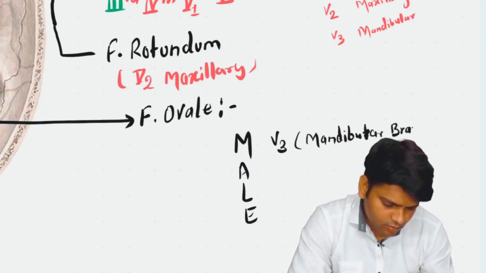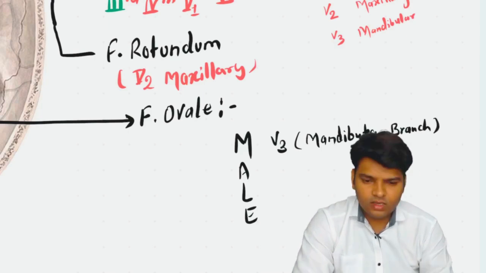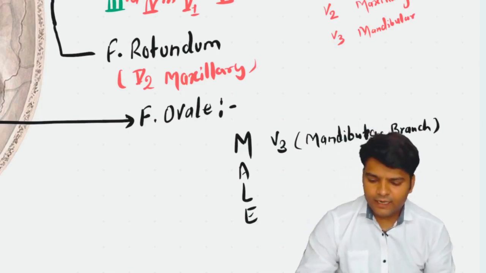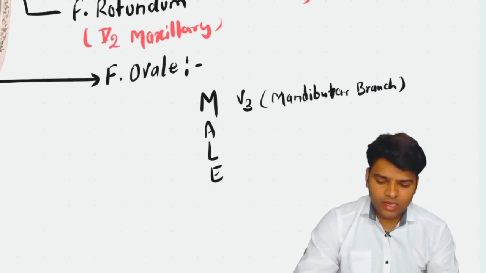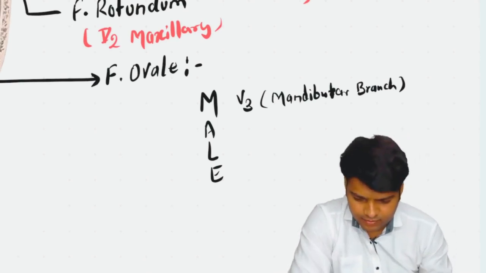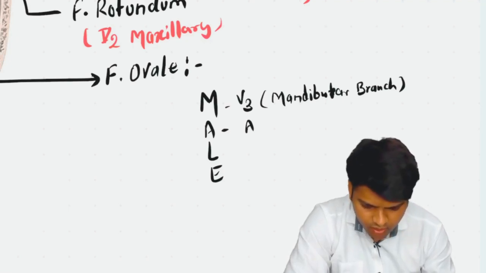The mandibular nerve passes through the foramen ovale, and some other structures also pass through it. What are they? A for the accessory meningeal artery.